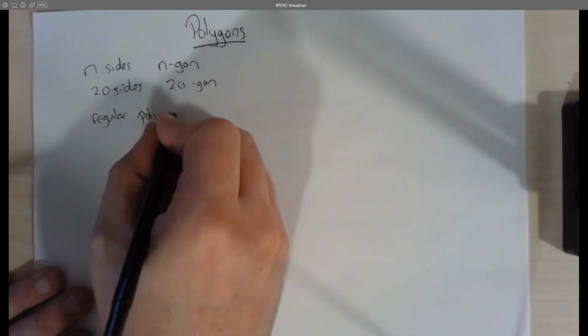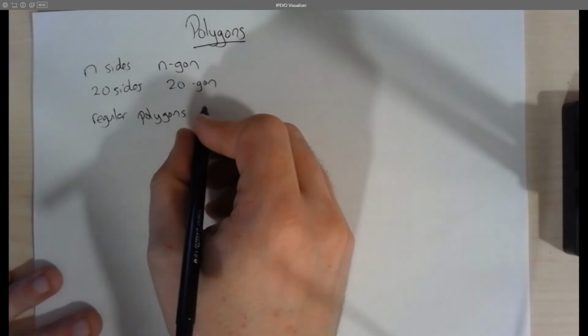A regular polygon has equal sides and equal angles.